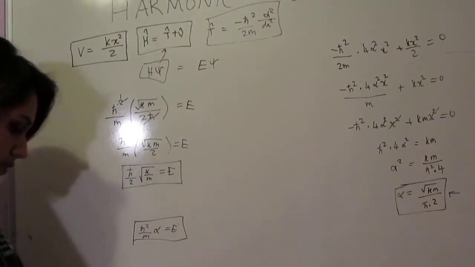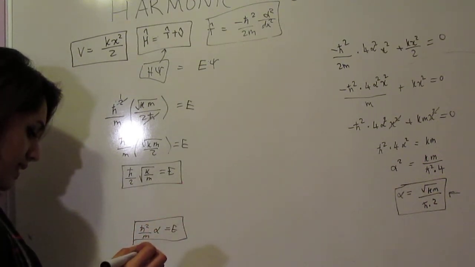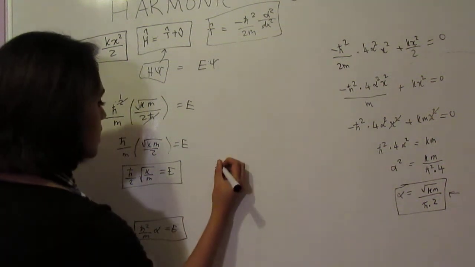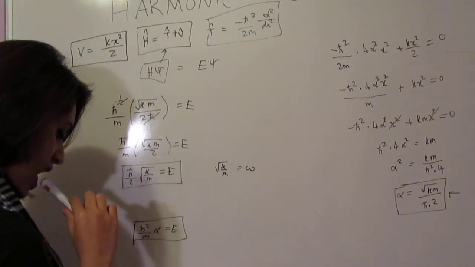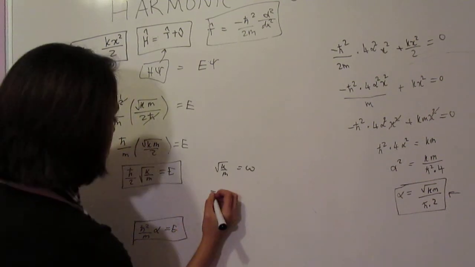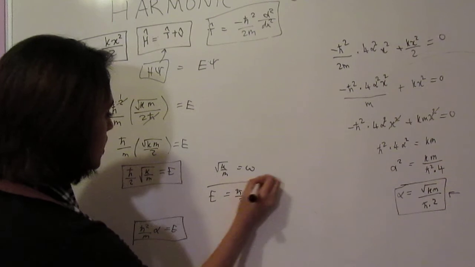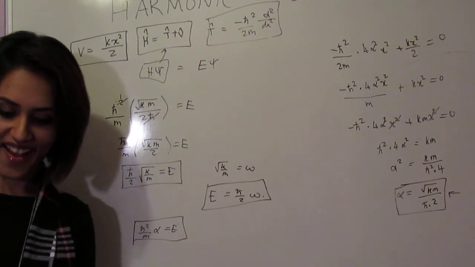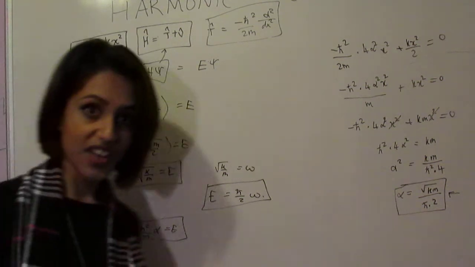To elaborate on this further, we know that root k over m is equal to omega, so we can just end with E equals h bar over 2 omega. And that is a solution. Done. Whew. It's done.